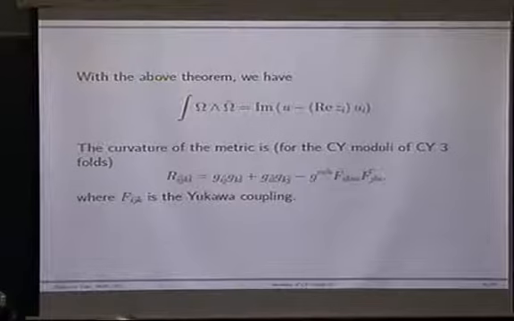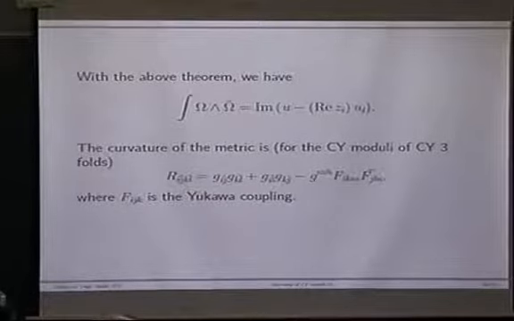All right. So let's compute the curvature of the metric. By a straightforward computation, we will see that the curvature Rijkl is going to be Gij, the Kähler metric, minus something like this, where Fijk is called the Yukawa coupling, and Fijk has to be holomorphic.